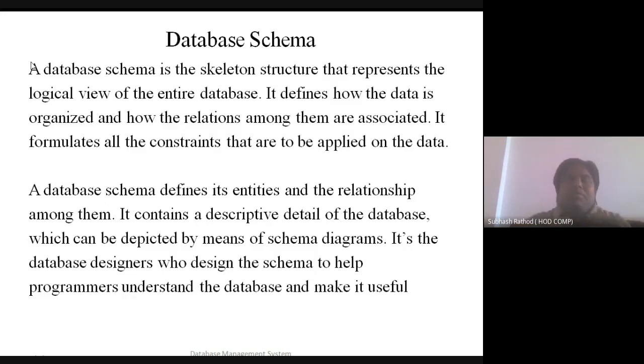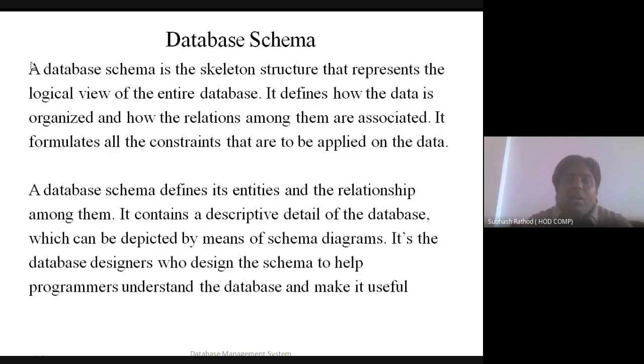Before implementation of a DBMS system, one should know the schema of the DBMS, the structure of the DBMS. So we will read that from the presentation. A DBMS schema is the skeleton structure that represents the logical view of the entire DBMS. It defines how the data is organized and how the relations among them are associated.